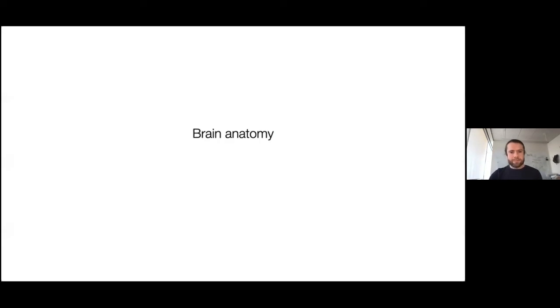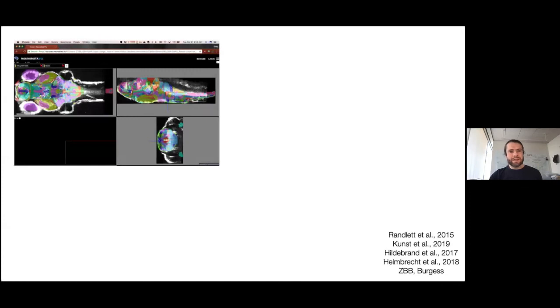And here's one example. We can try to interpret all this activity in the context of brain anatomy. And this is a very active field as well, where a lot is happening. So here you can see a representation of Z-Brain. This brain is upside down.